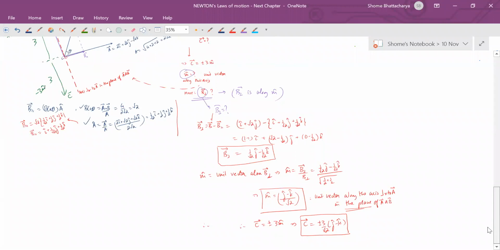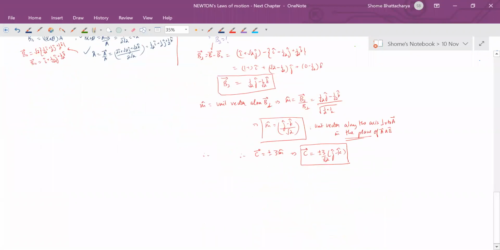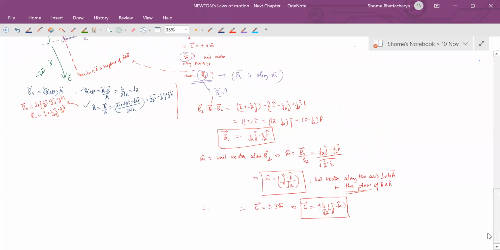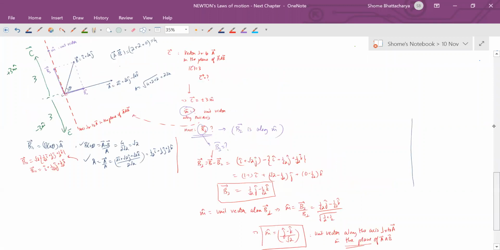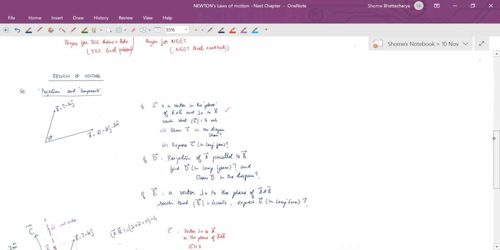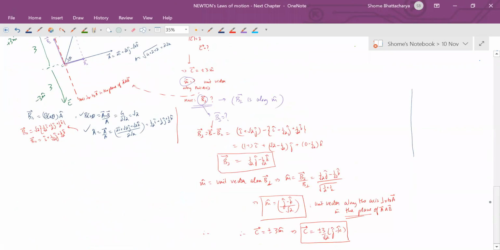Okay, so if you finish writing down this part, then you can now come to the second part, where you have to find the vector D, which is a projection of A parallel to B, where D is the projection of the vector A parallel to the vector B. So this is a direct question.